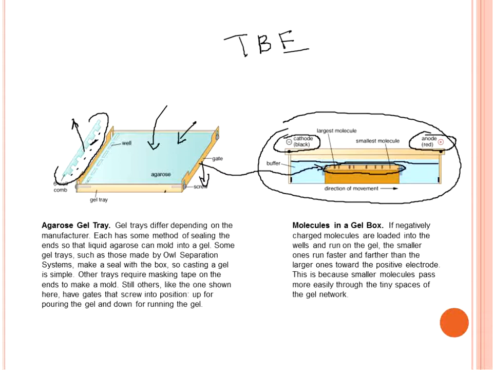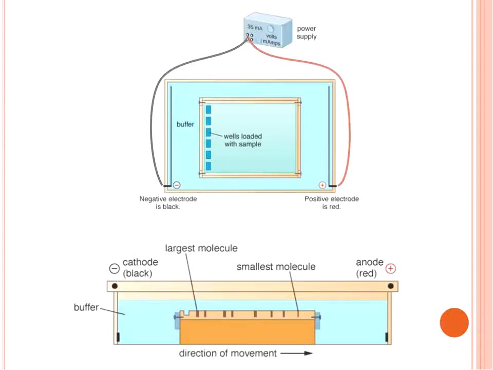So you're going to introduce samples in these wells, the DNA samples. Okay. So this is what it looks like from the top. This is what it looks like from the top, and this is what it looks like from the side. Okay. So from the top, you can see, in this case, there are 6 sample wells that have been loaded with the samples. 1, 2, 3, 4, 5, 6, right?